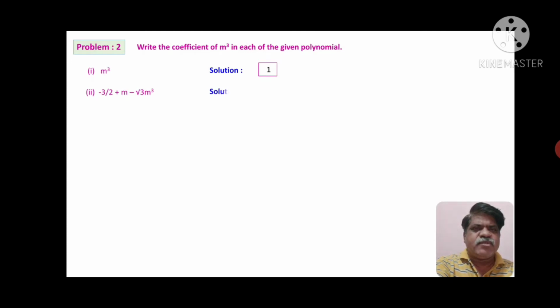Here you could see that minus root 3 m cube has a coefficient of minus root 3. Then m cube minus 2 upon 3 m cube, the coefficient is minus 2 upon 3.